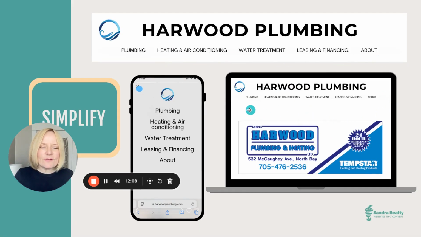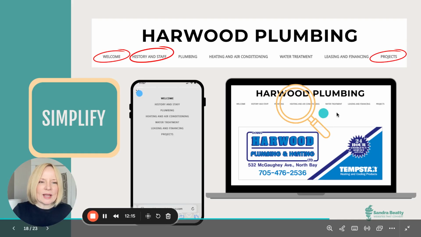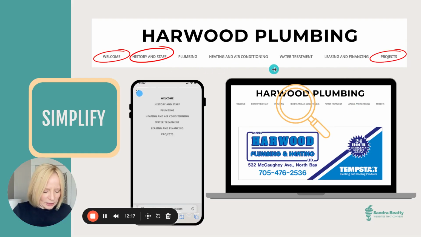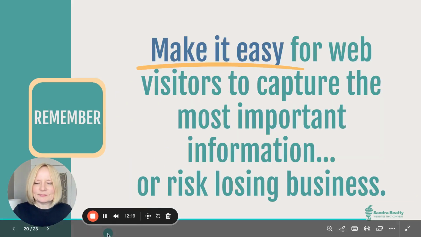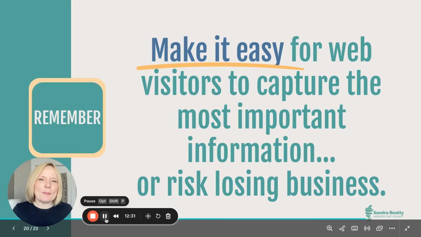So now it's a far cleaner and simplified navigation bar compared to what we had before. Too much information. So I want you to remember it is important that you make it easy for web visitors to capture the most important information, or else you are going to risk losing business.